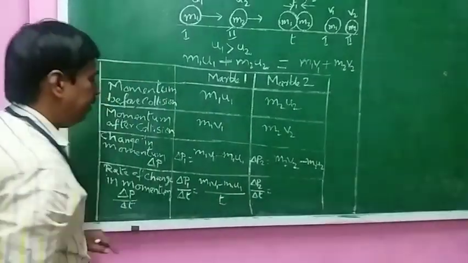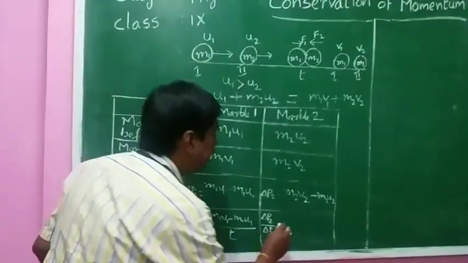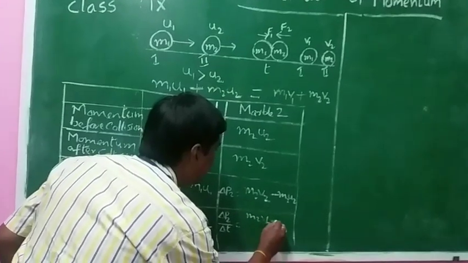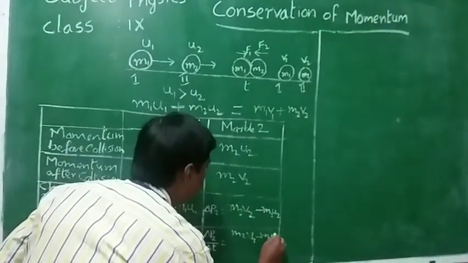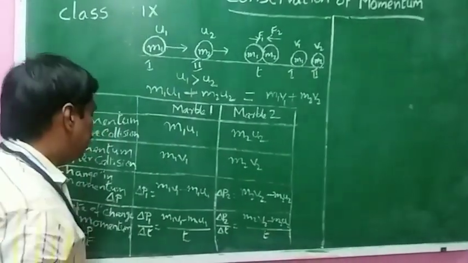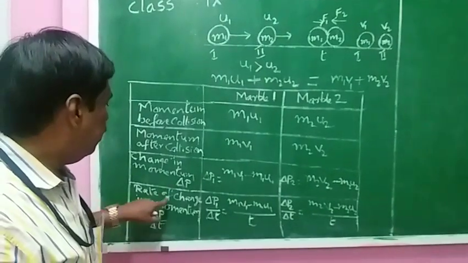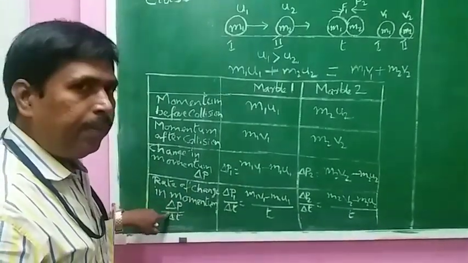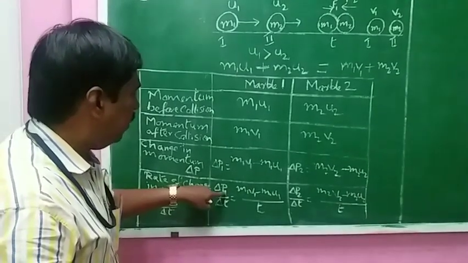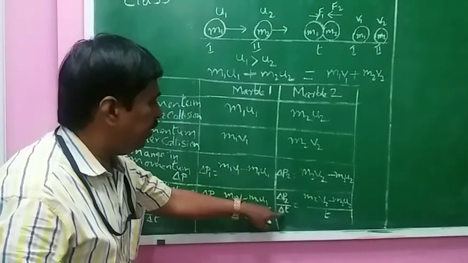Similarly, for marble 2, it is m2 v2 minus m2 u2 divided by the same time t. This is denoted by delta p by delta t. For the first marble we take delta p1 by delta t, and for the second marble, delta p2 by delta t.